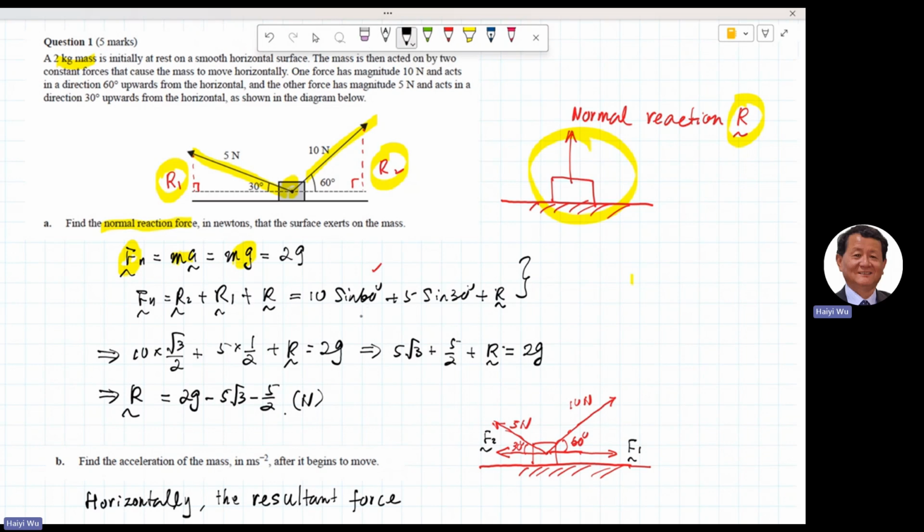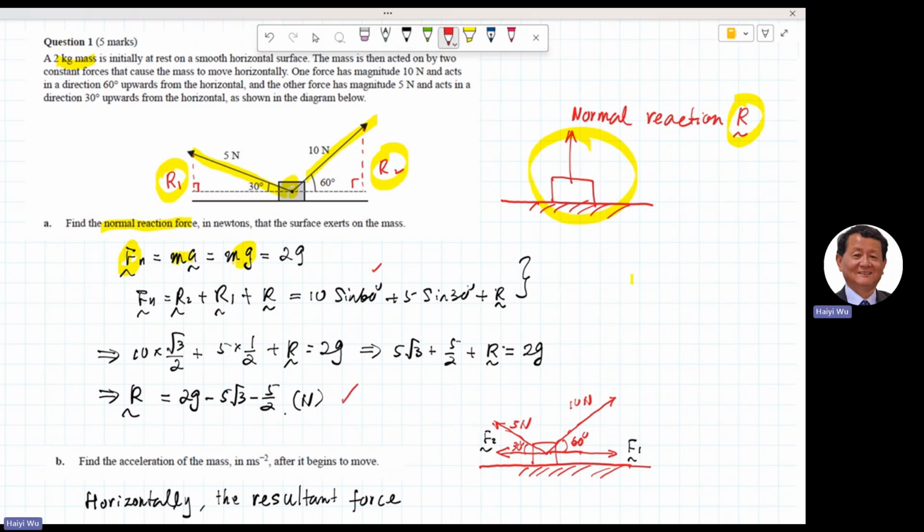So R2 is 10 sine 60, R1 is 5 sine 30, plus R. We put them together, so the left-hand side is equal to 10 times... obviously, work out sine 60 and sine 30. R is 2g minus (5 square root 3 minus 5/2) Newtons. So that's question A solved.